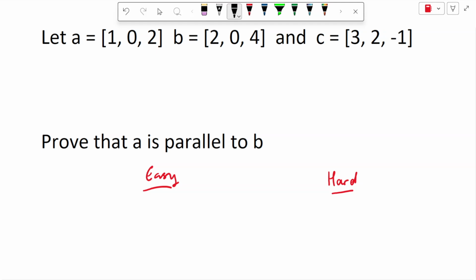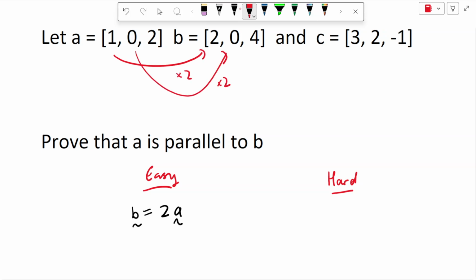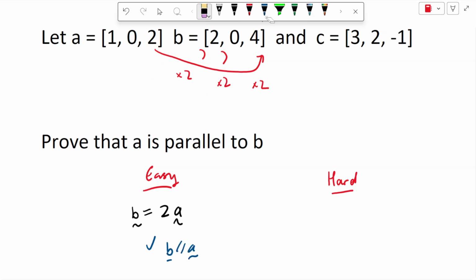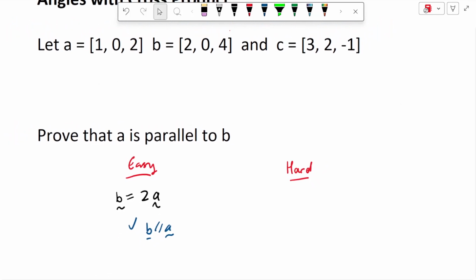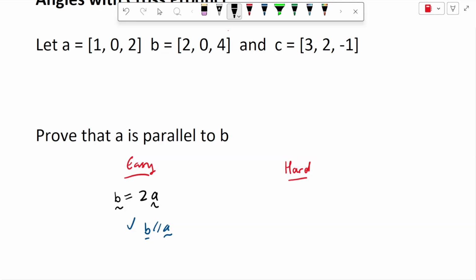So basically notice that b is 2 lots of a, right? Because you would have to times by 2, 0 times 2 is 0 as well, and 2 times 2 is 4. Since they're multiples of each other, therefore b and a are parallel. Done. Now I should show you the hard way, which is more useful in proofs sometimes, but let's see how we go.